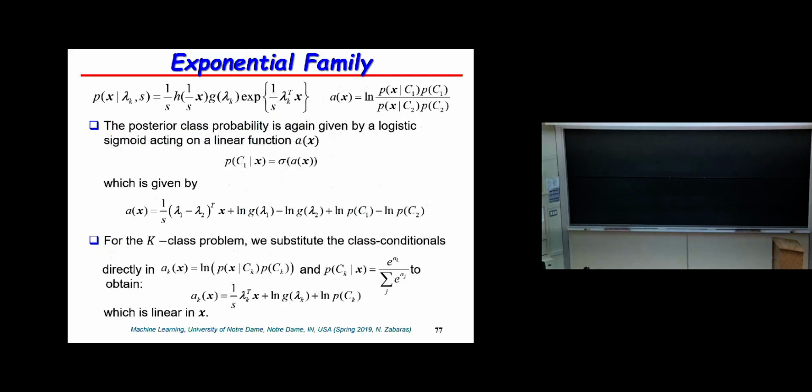But if you go in the notes, you figure out that the model that you get leads to a linear alpha. So if you have two classes, and the conditional distributions are any distributions from the exponential family, you can use the sigmoid of alpha, where alpha is a linear function of x.